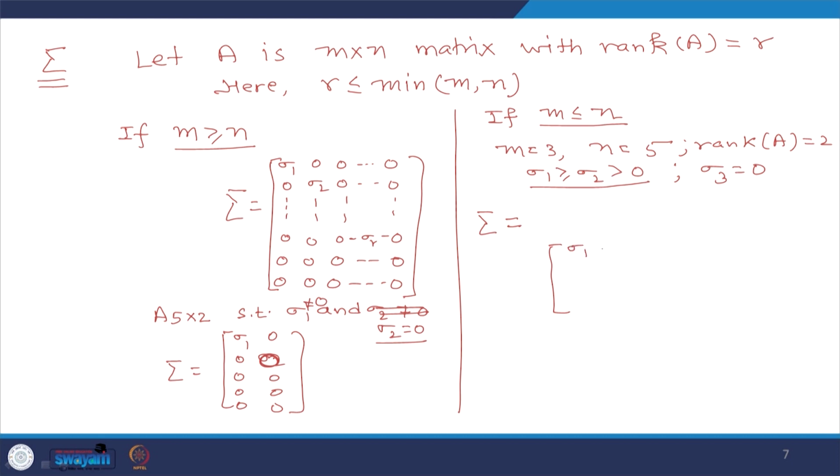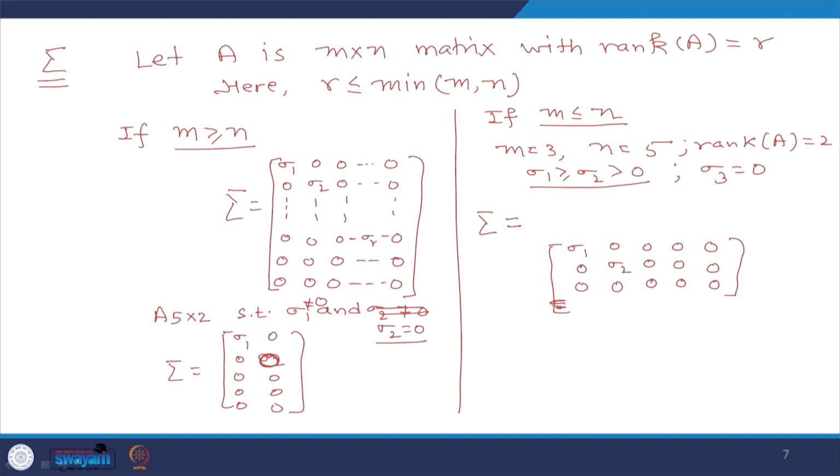So, in this case sigma can be given like this. So, sigma 1 0 0 0 0, 5 columns. So, the dimension of sigma is the same as the dimension of matrix A. Then 0 sigma 2 0 0 0 0 0. Here if sigma 3 is non-zero, it will be sigma 3. Since we are taking sigma 3 as 0, so 0 0 0.